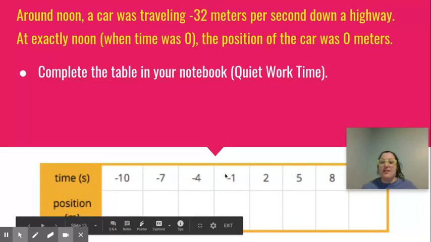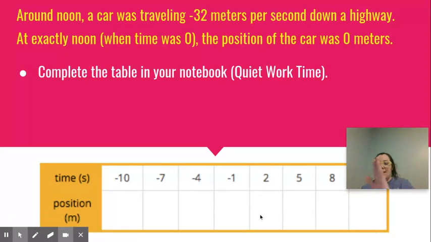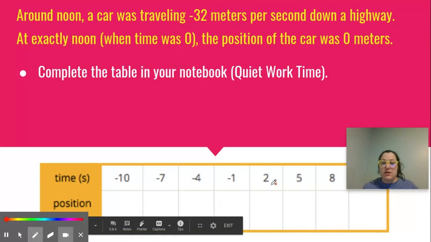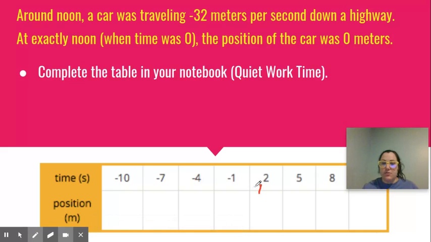So let's go ahead and get one out of the way. So we'll do this +2. So we know every second it was moving -32 meters. So 2 times -32, because that's 2 sets of the -32. We know a positive times a negative is a negative.